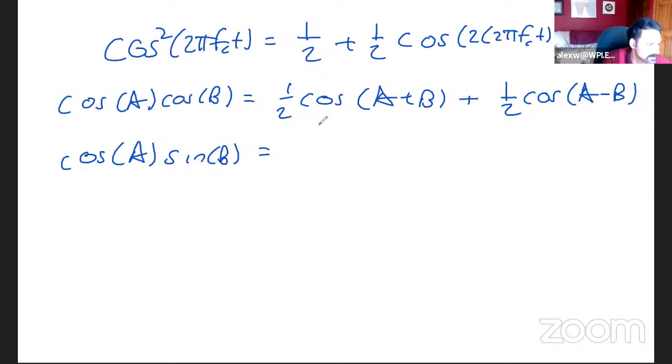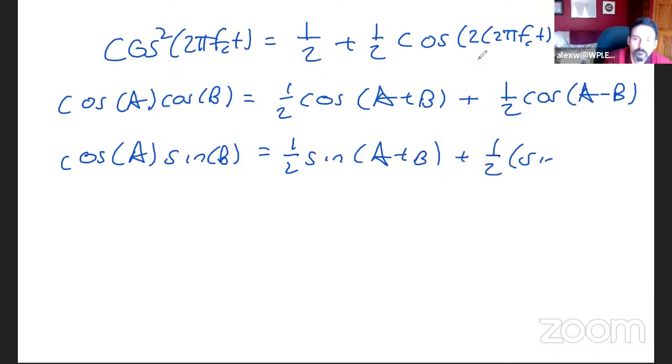Yeah, that's what I thought. These are ones that you're going to see a lot in this class. And then of course there's sine squared.